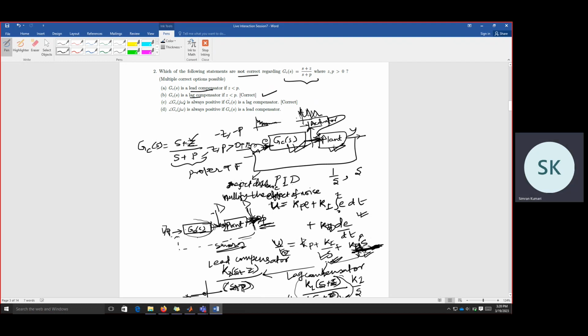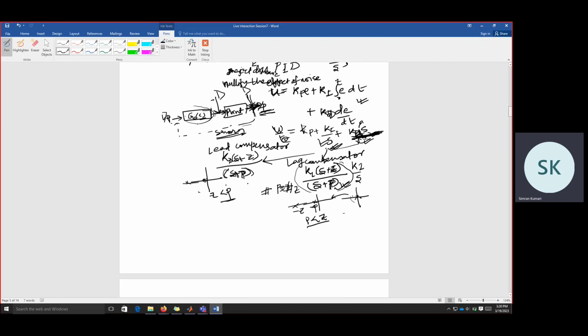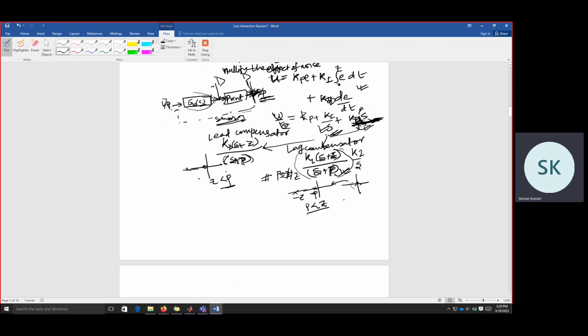Then it says the angle of GC of j omega is always positive if GC is a lag compensator. If you consider the Bode plot of this one, first there is a pole at frequency 1 by P, and there will be decay because of this.